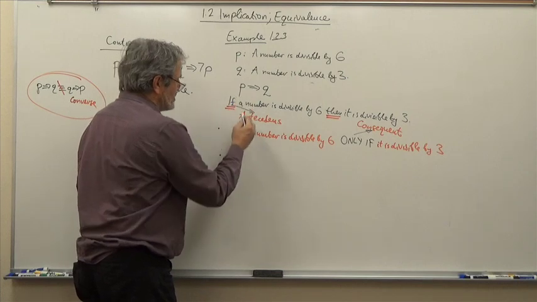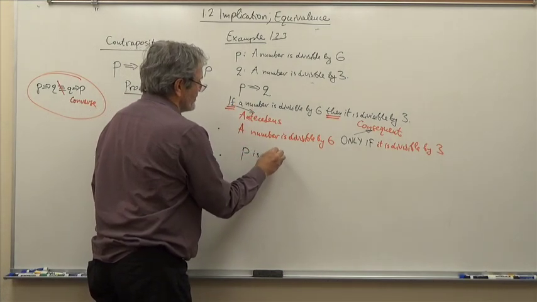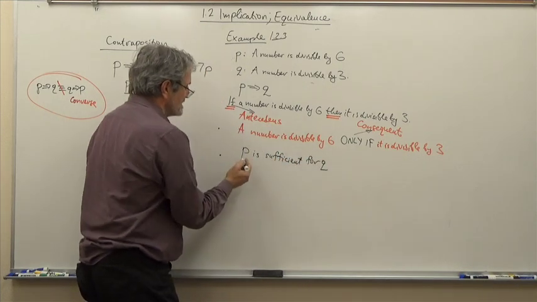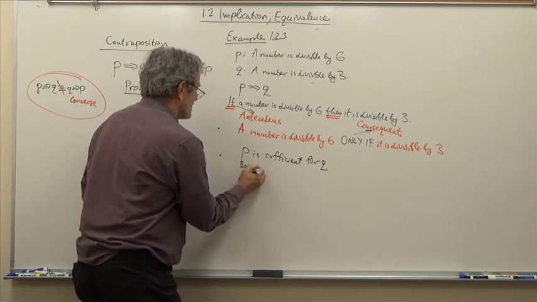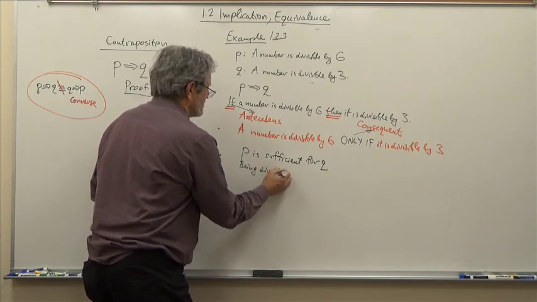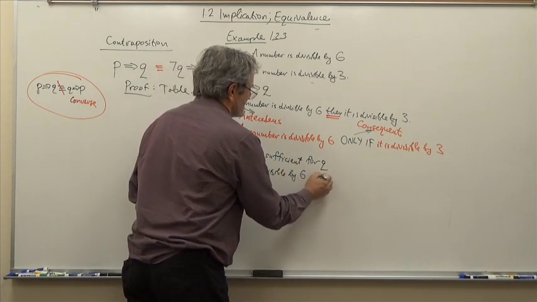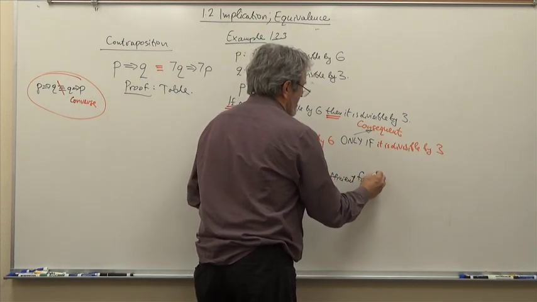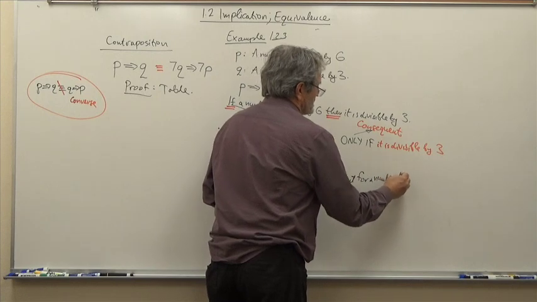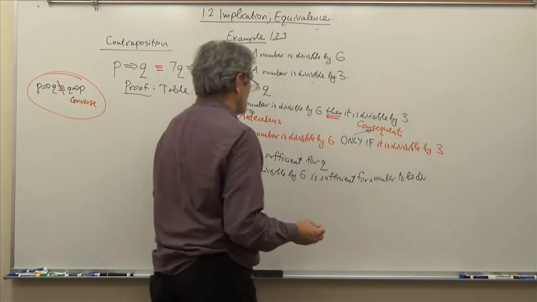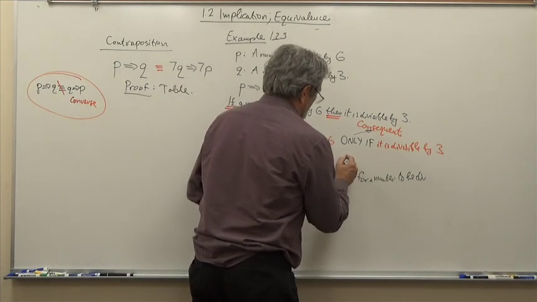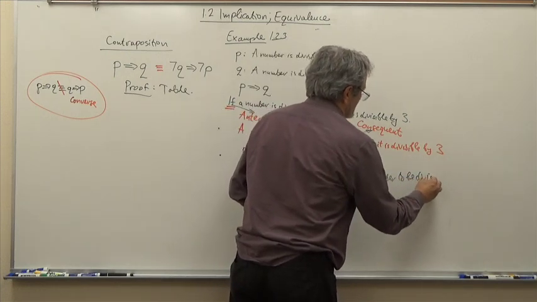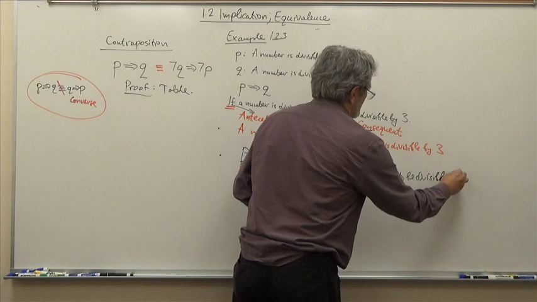So we'll say the following, that P is sufficient for Q. So that means being divisible by 6 is sufficient for a number to be divisible by 3.